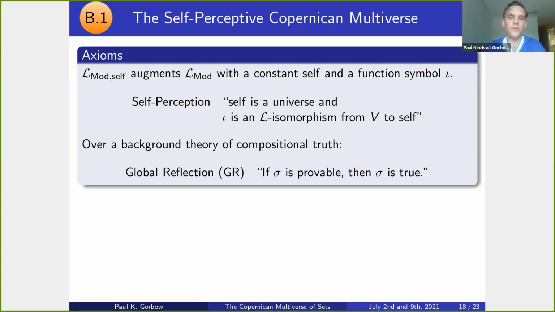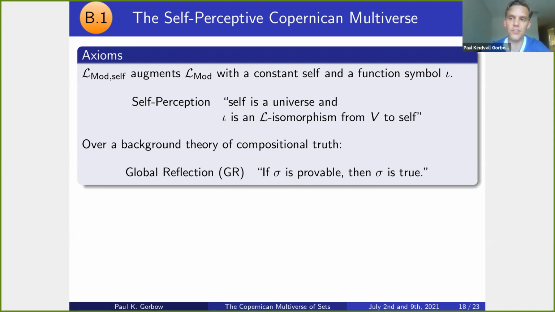And in order to interpret this theory, I went through the basic theory of this untyped mod relation in the previous talk. So we have these compositional axioms basically saying that the mod relation satisfies the Tarskian conditions of satisfaction.